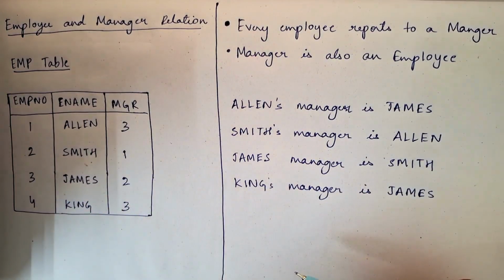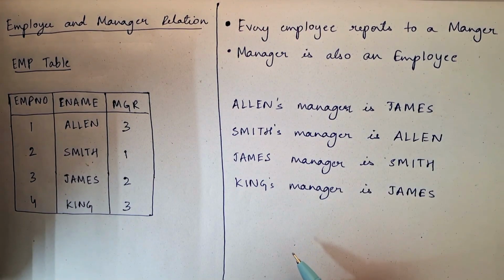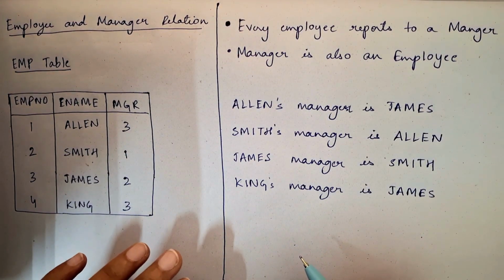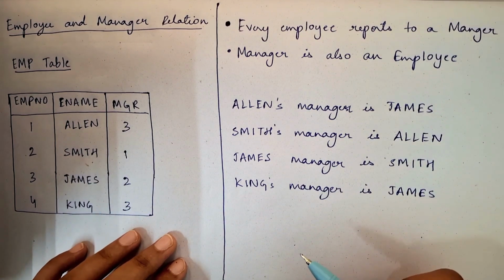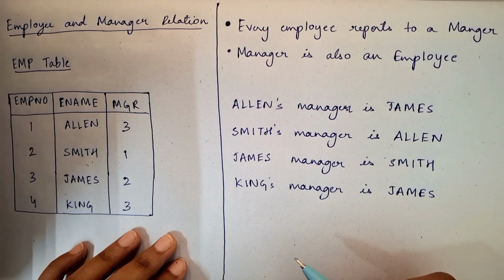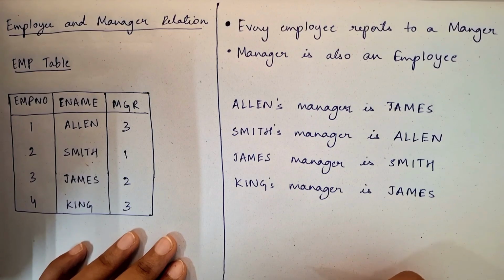Now let's use this concept and apply it into a real scenario, that is employee and manager relationship. Before we start solving the questions, let's first understand what exactly is an employee-manager relationship. Guys, listen carefully. In any company, every employee reports to a manager, and that manager is also an employee in the same company. Right?